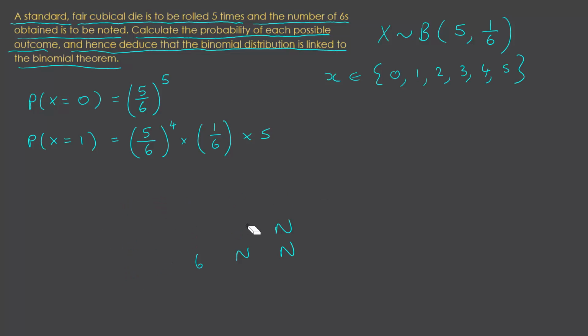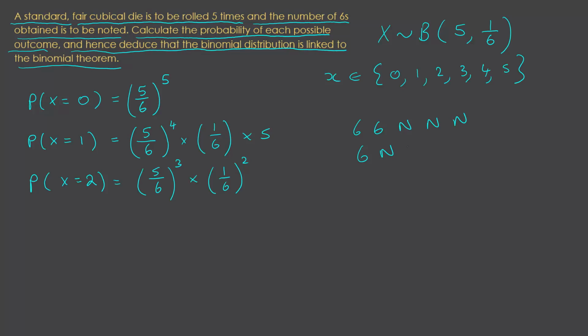Now, let's just clear this up, and then look at the probability of x being 2. So we would get a non-6 3 times, and we'd get a 6 twice. Now, think of the ways we could do that. We could start off with 2 6s and then get not 6s.